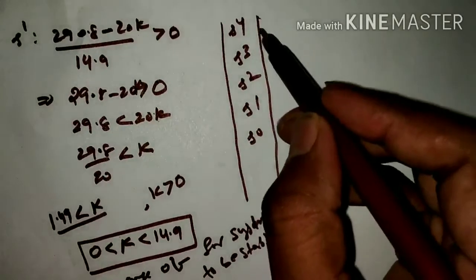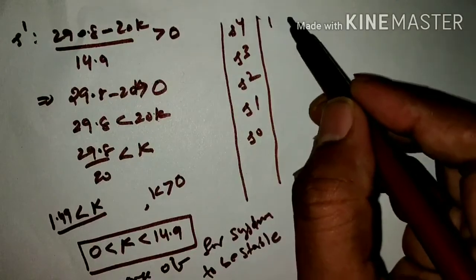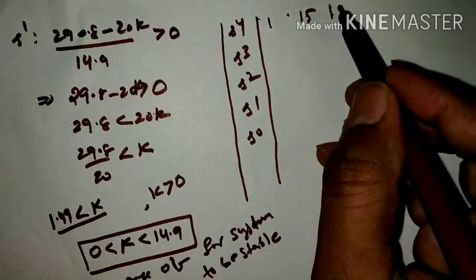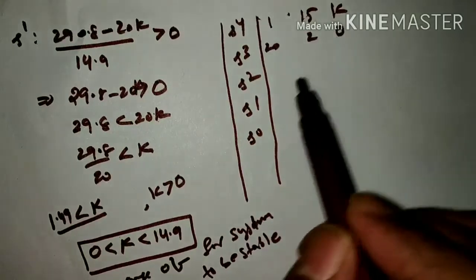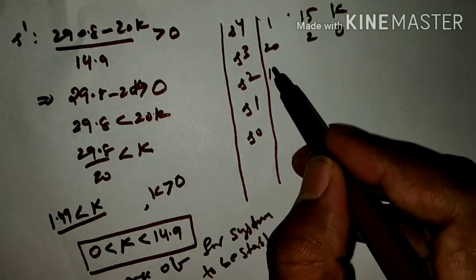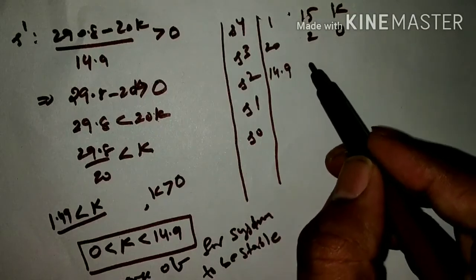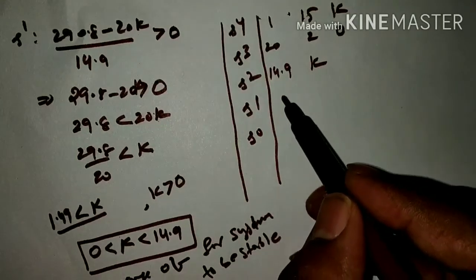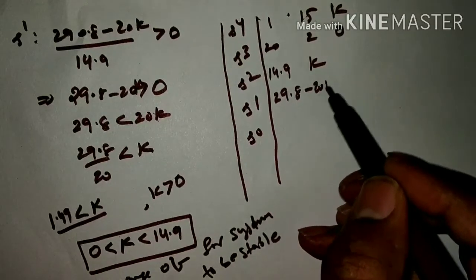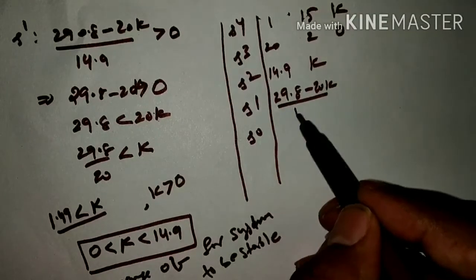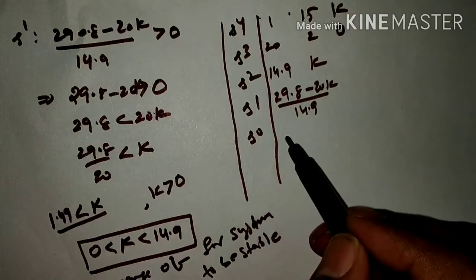The first column is 1, 15, then (29.8 minus 20k) by 14.9, and k.